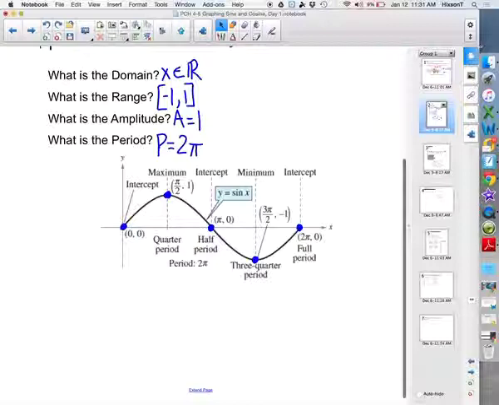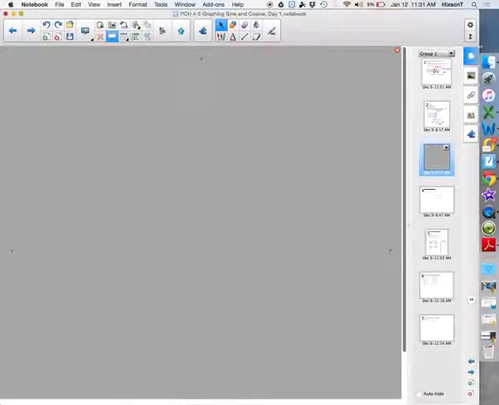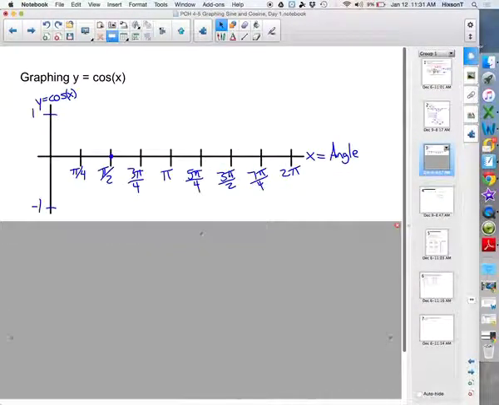All right. Now let's do the same thing with cosine. Let's think through our unit circle again. What is cosine of 0? 1. And cosine of pi over 4?